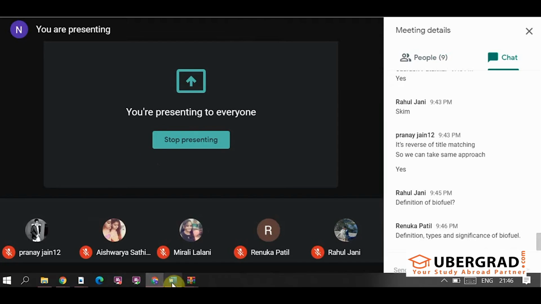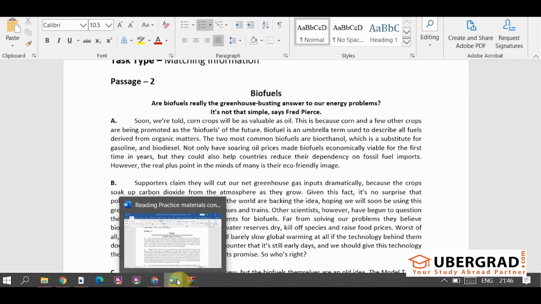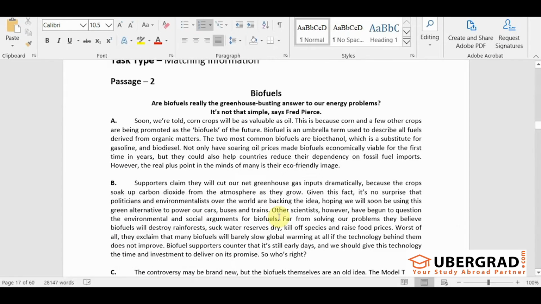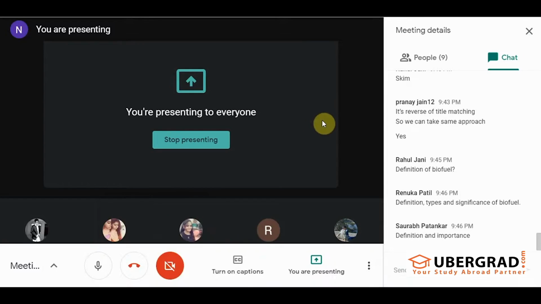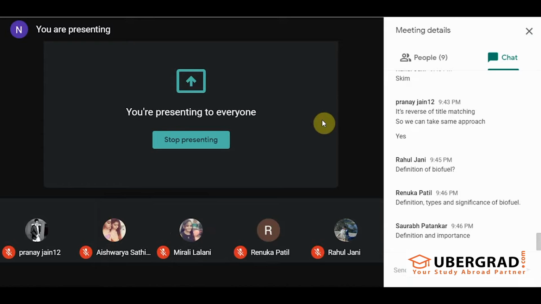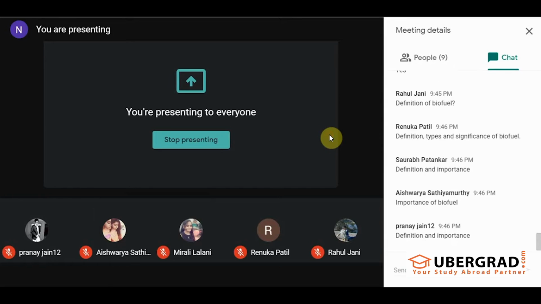It is talking about types too. The two most common biofuels are, yes. That would be precise. You can say definition and importance of biofuels. Yes, importance and definition. Yes, definition and importance of biofuels.